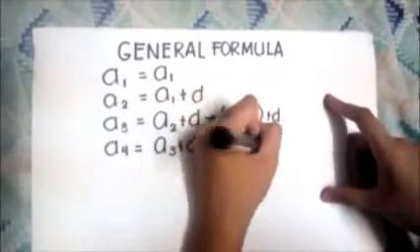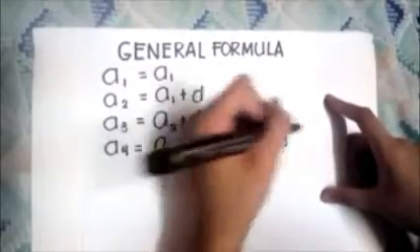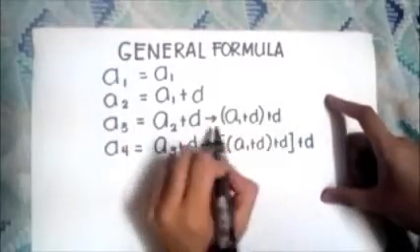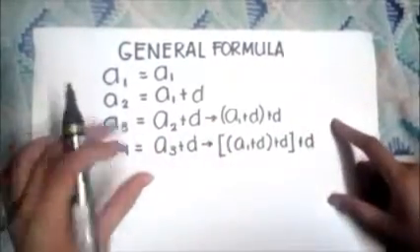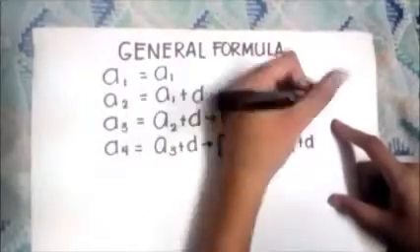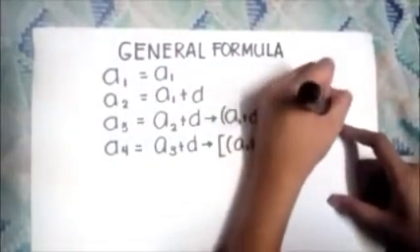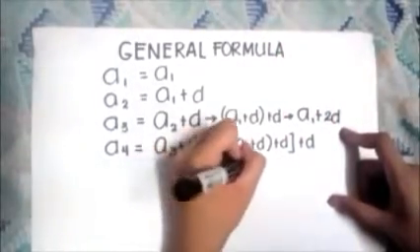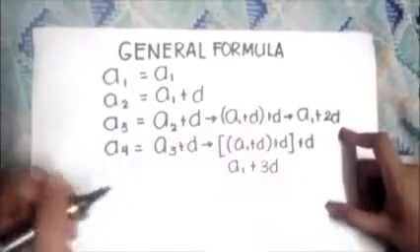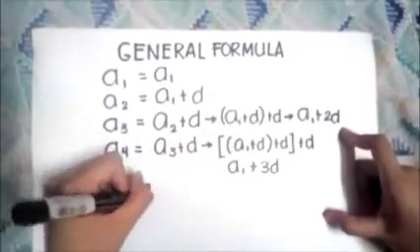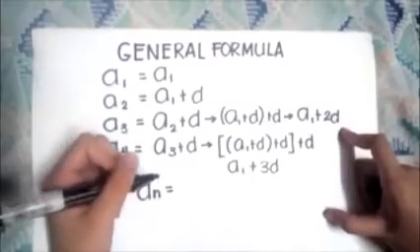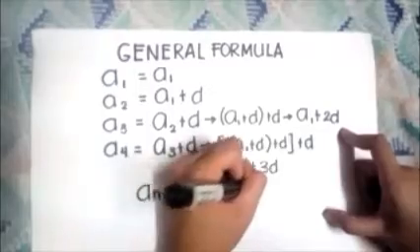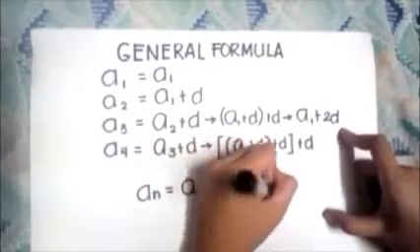And this we can write as a sub 1 plus d plus d plus d, wherein this one, a sub 3, can be written as a sub 1 plus 2d, and this can also be written as a sub 1 plus 3d, wherein we can say that a sub n is equal to a sub 1 plus n minus 1 times the common difference.